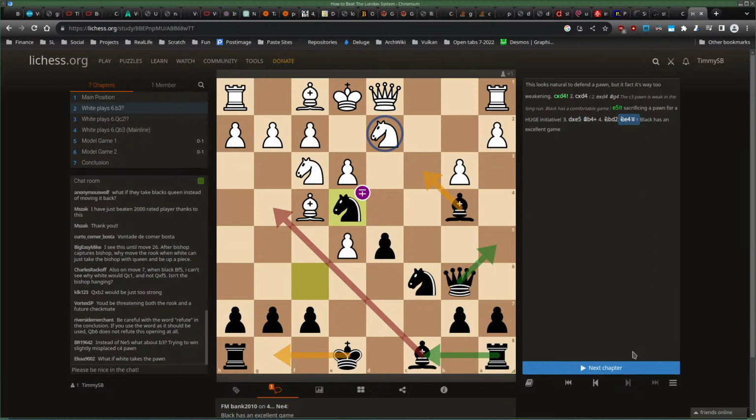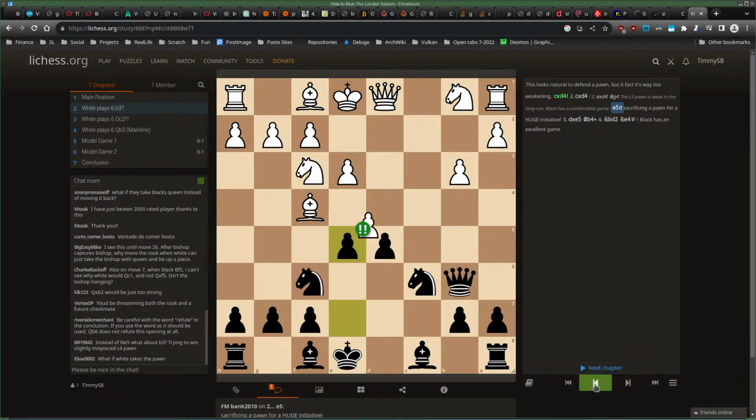Let's see if we can turn on the chess engine, or... Why can't I turn on my chess engine at the same time? Can only click next chapter. You cannot go to the previous chapter. What the hell?